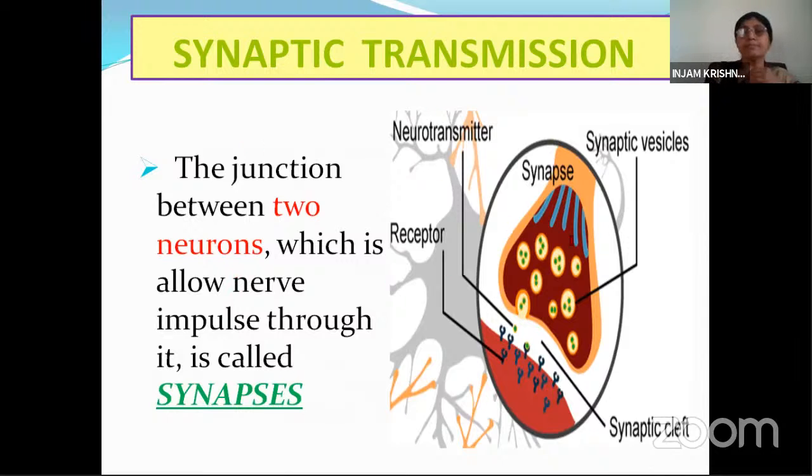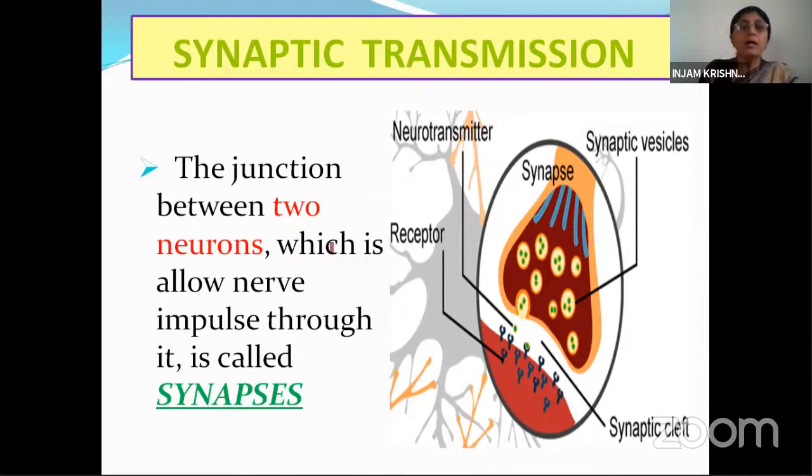This is called transmission, this is synaptic transmission. You might have heard of it. What is a synapse? This is one neuron and that is the other neuron. This is the terminal axon, terminal bud, synaptic knob.